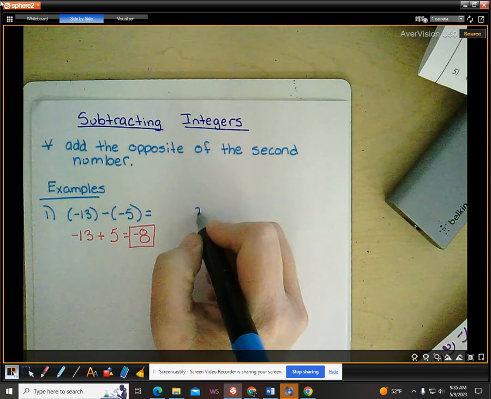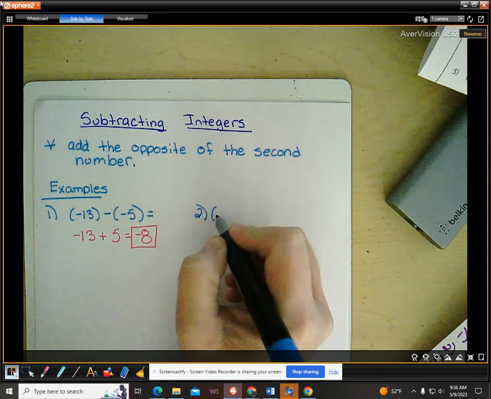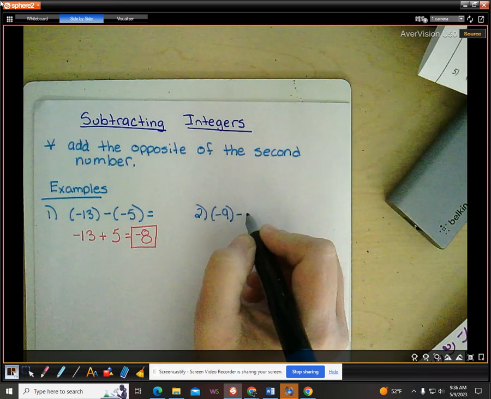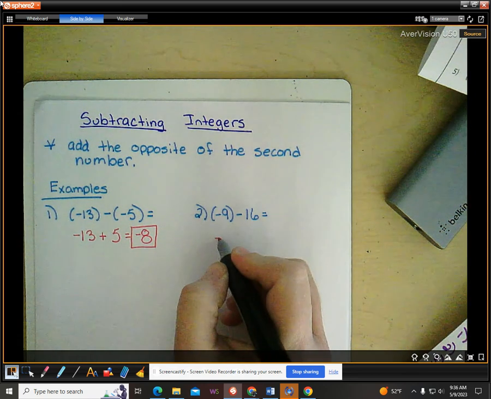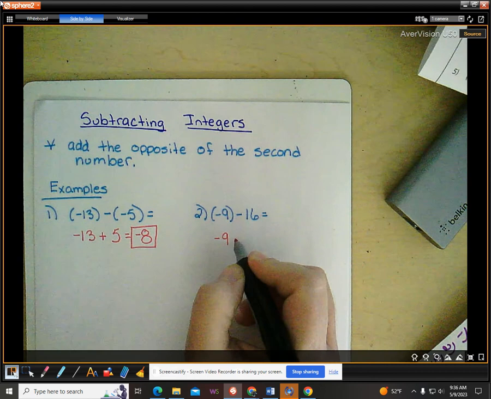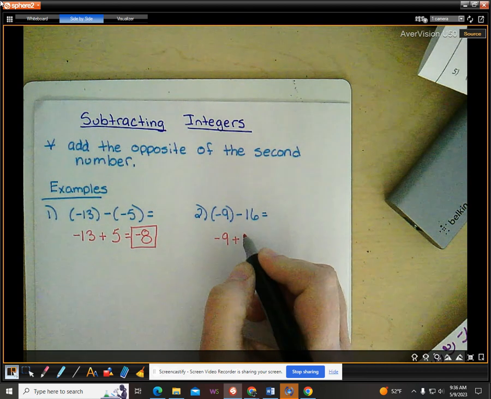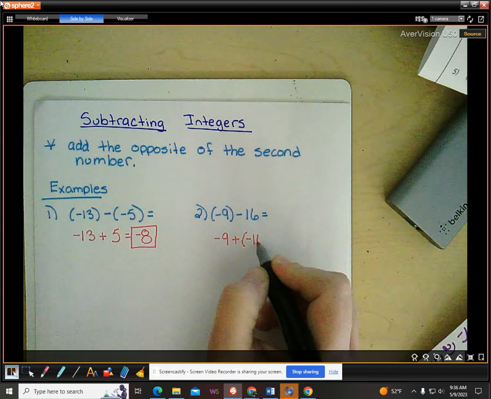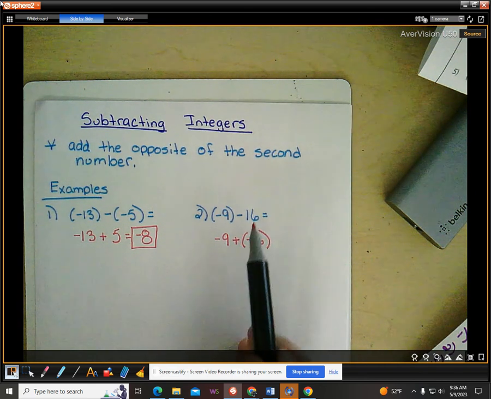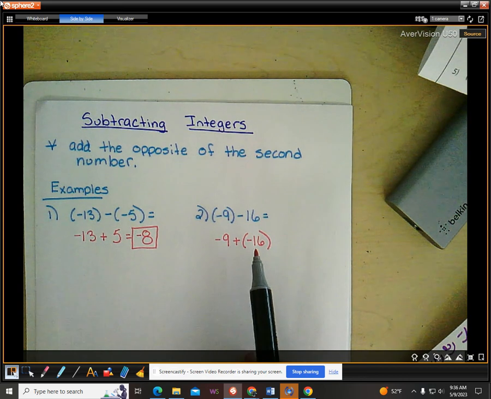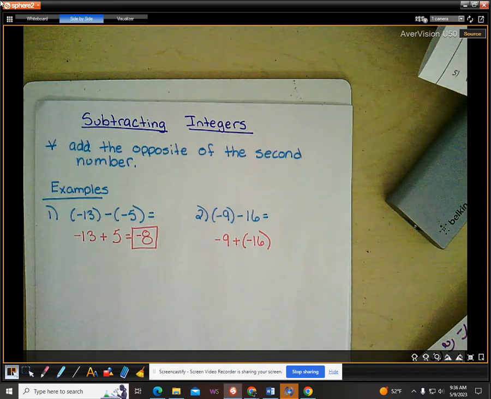Okay, so another example. If we had negative 9 minus 16, okay, subtraction problem with a negative number. So we need to rewrite this. First number stays. We change the subtraction to addition, and then we are adding the opposite of the second number. So our subtraction got changed to addition. This 16 becomes negative 16. So again, now we have an addition problem.